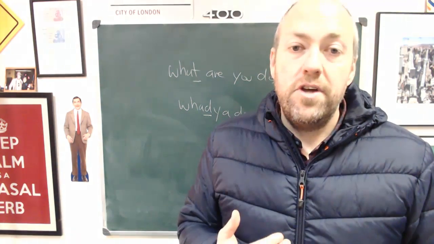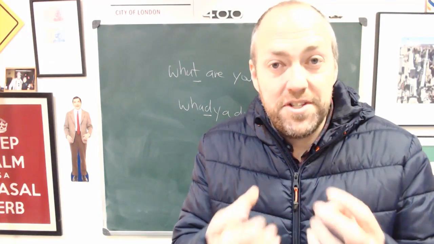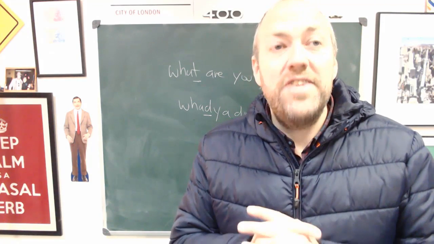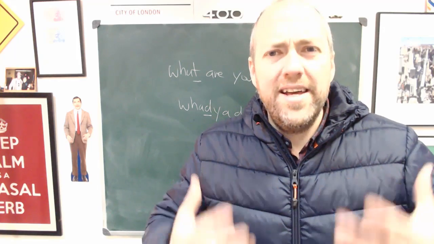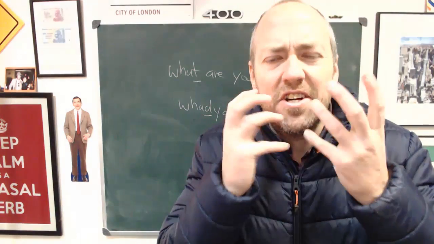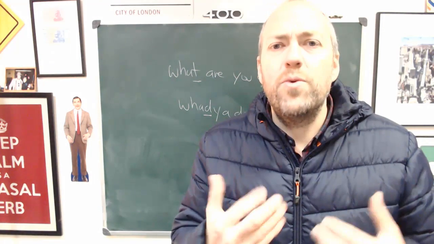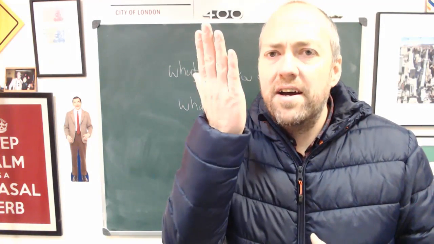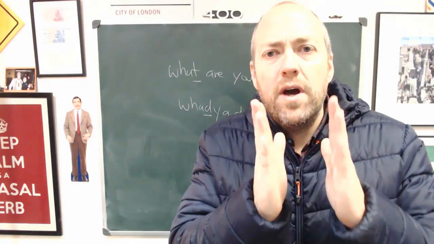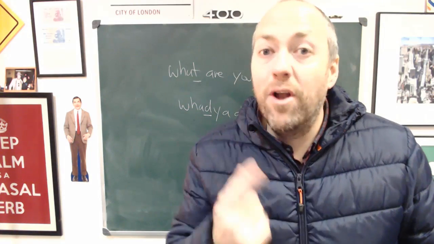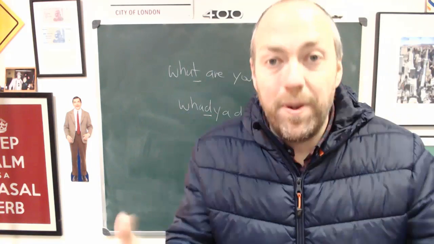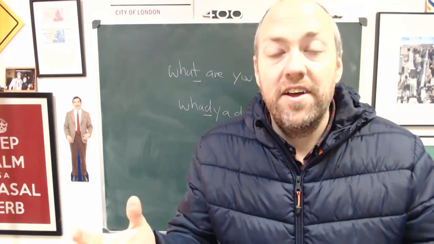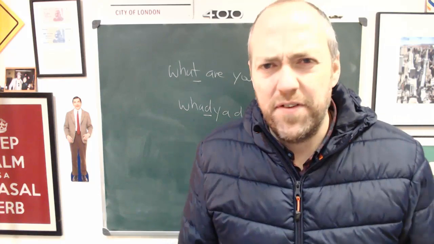Okay, so the T sound in English is actually a difficult sound. It requires a lot of physical effort because we have to bring up the tongue, we have to block the airway, we have to produce an explosive sound, t. Okay, and it's very difficult.